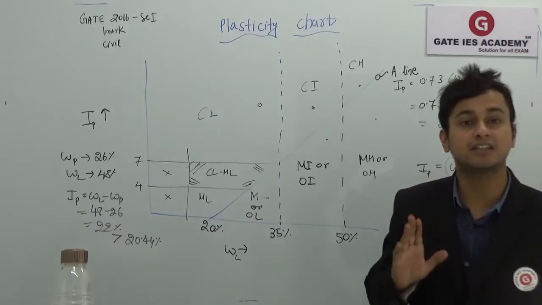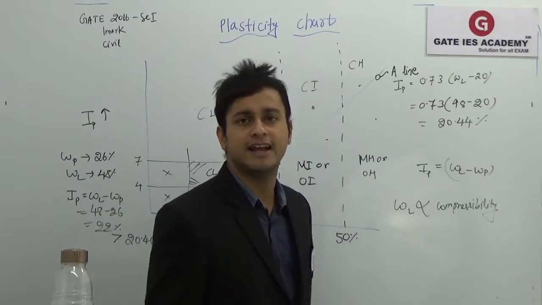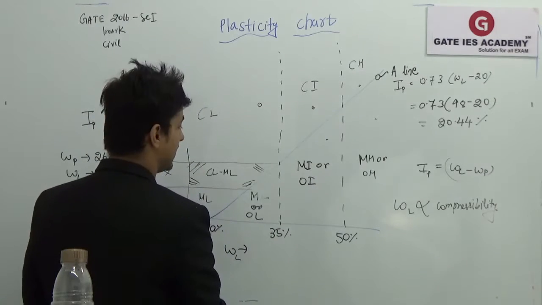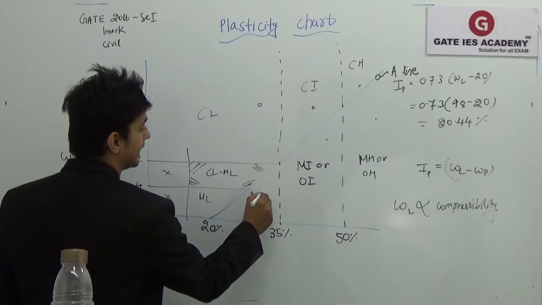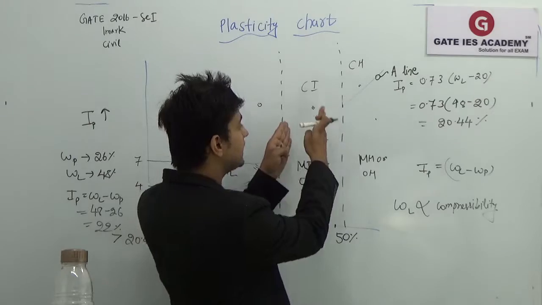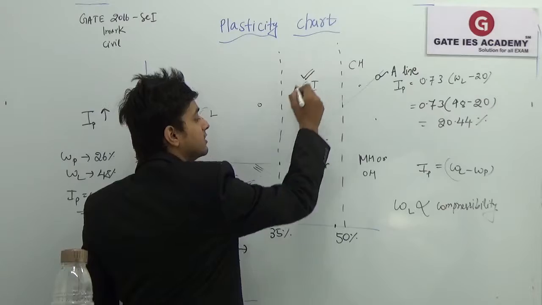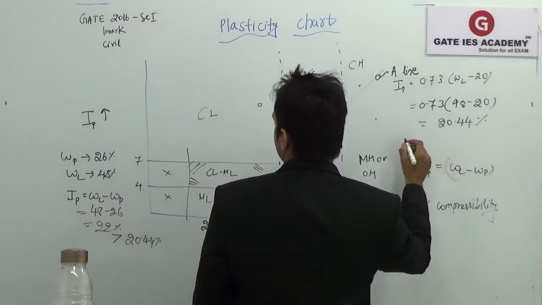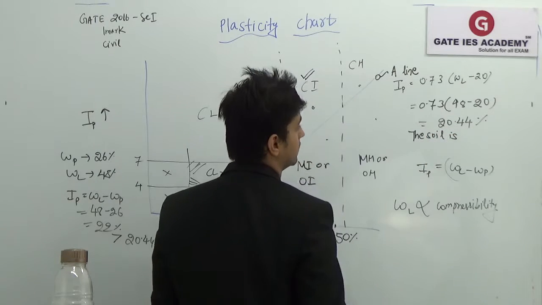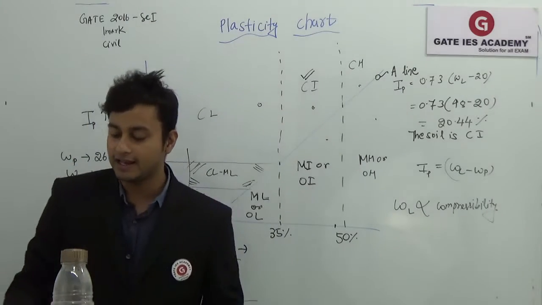Now we have to check its compressibility. I told you that compressibility is directly proportional to liquid limit. It is only dependent on the liquid limit, and 48% is my liquid limit, that will be lying here. So that will be intermediate compressibility, and also it will be clay. So the soil is CI.